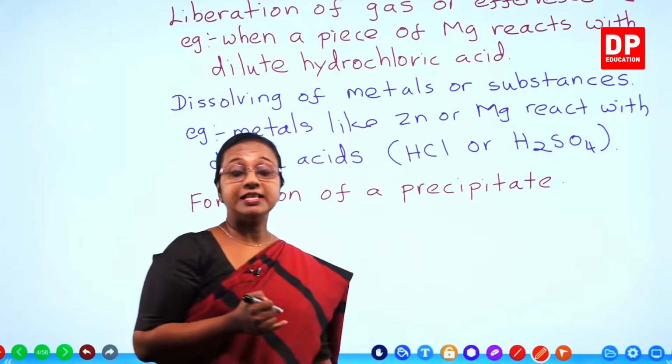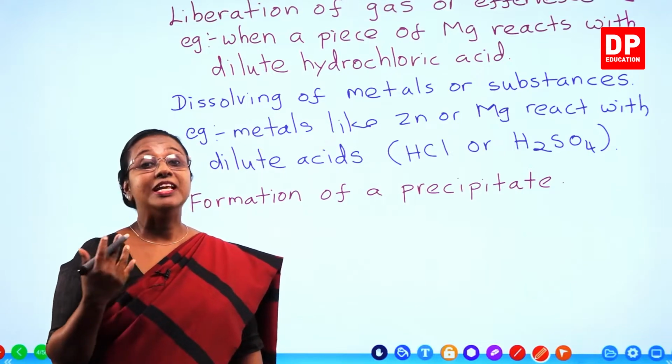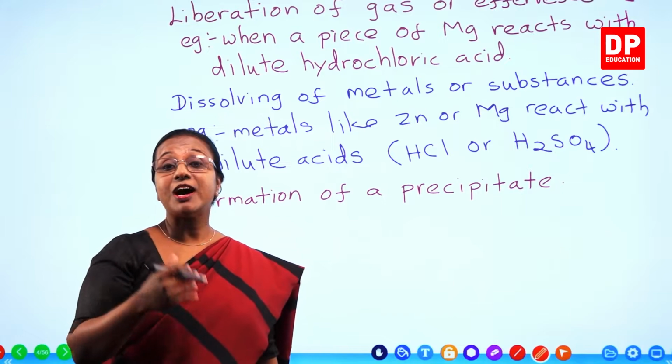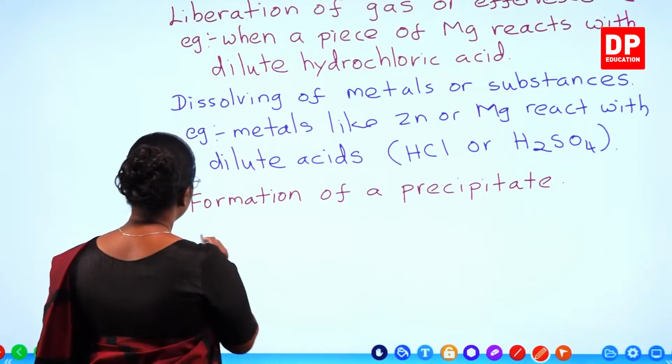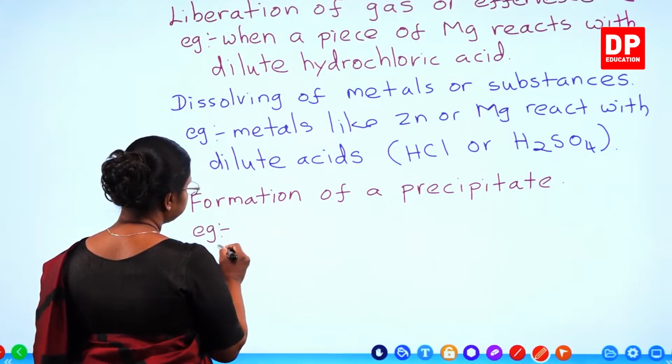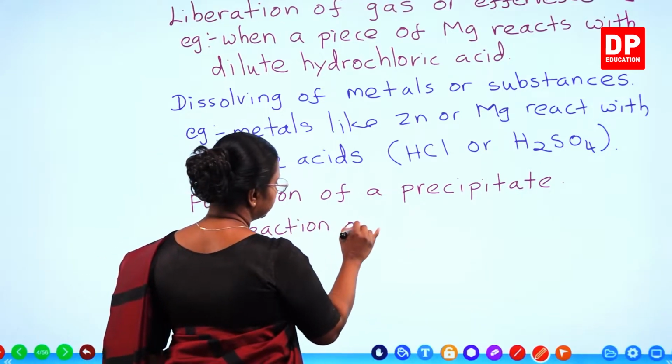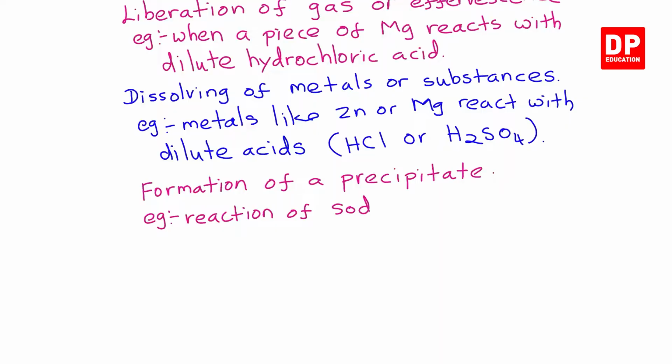For that, what is the example you can remember? We did the reaction of barium chloride with sodium sulfate. Then a white color precipitate formed. So example, reaction of sodium sulfate with barium chloride.